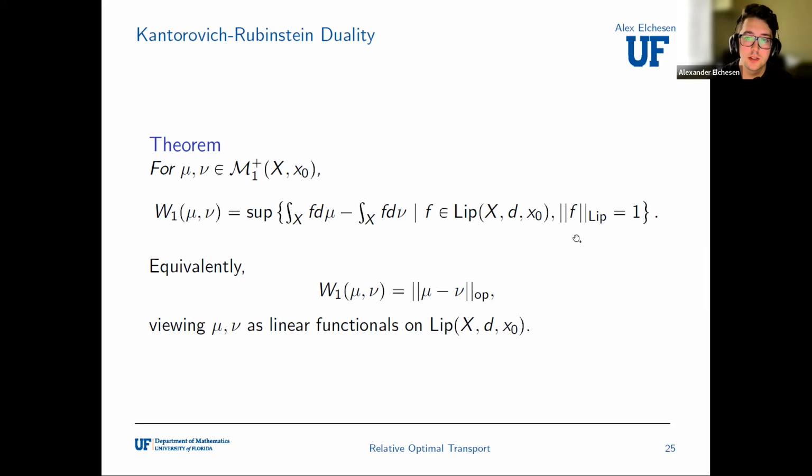But what is this right here? This is really just the operator norm. So if we view mu and nu as linear functionals on the space of Lipschitz functions, then Kantorovich-Rubinstein duality is just saying that the one Wasserstein distance between mu and nu is precisely the distance induced by the operator norm.